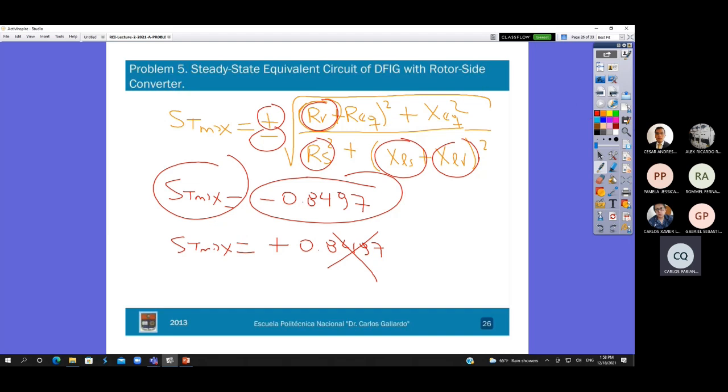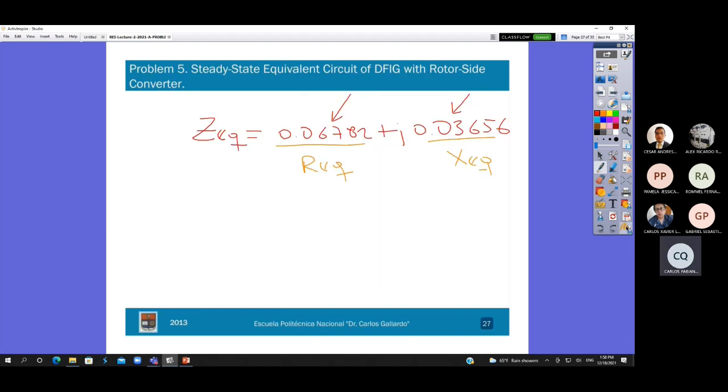This is the slip. For this case, the stator voltage is equal to 575 over the square root of 3. This is the equivalent resistance, this is the equivalent reactance, and the number of poles is given. And what else?